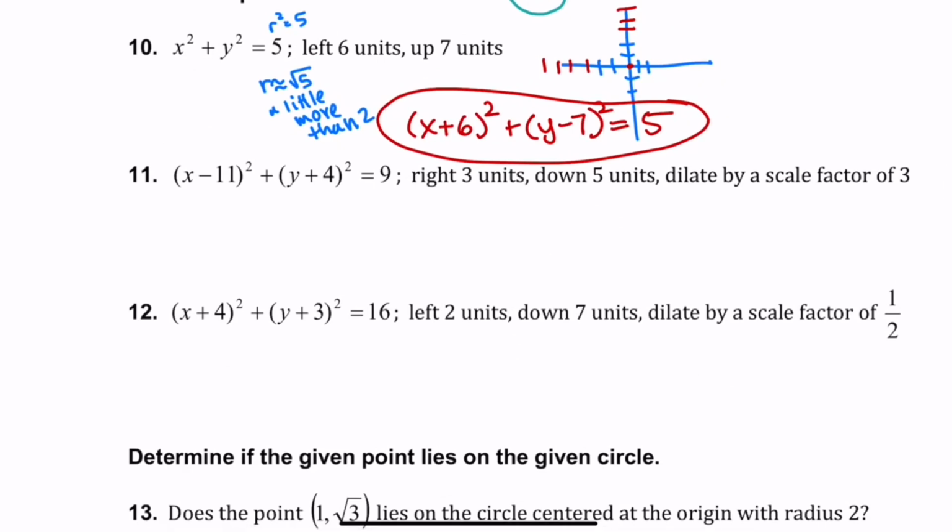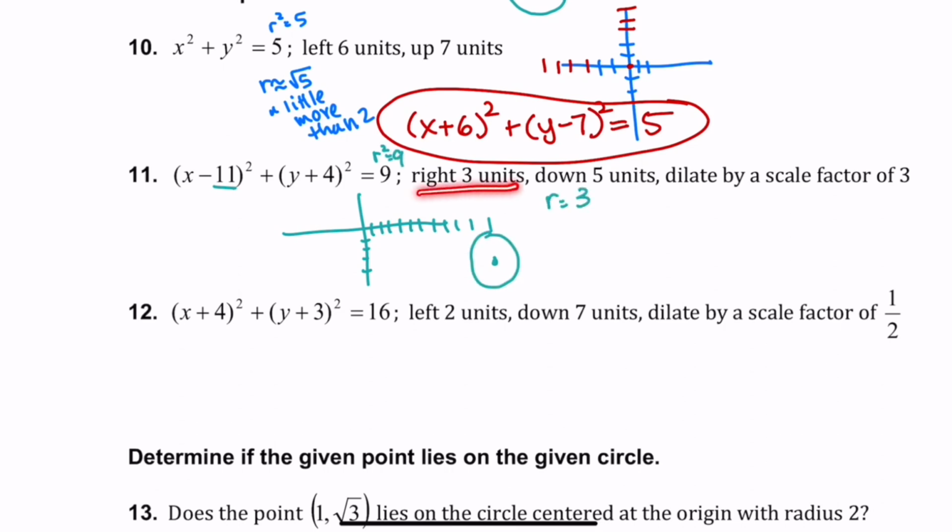Now, on number 11, we're going to the left. We have a -11, so it goes in the positive direction, 11. And we have a +4 in the y direction, so it's going to be a -4. The radius squared equals 9, so our radius will equal 3.